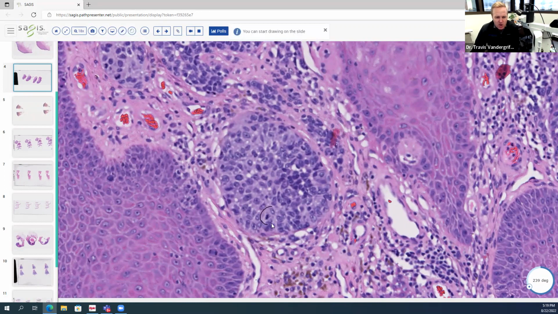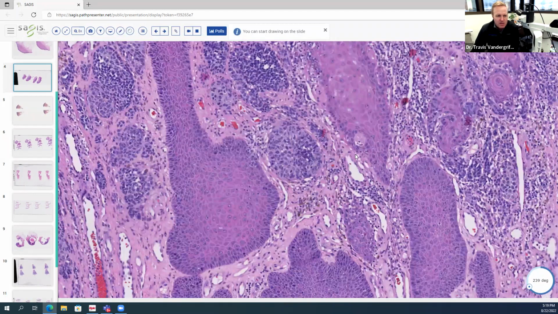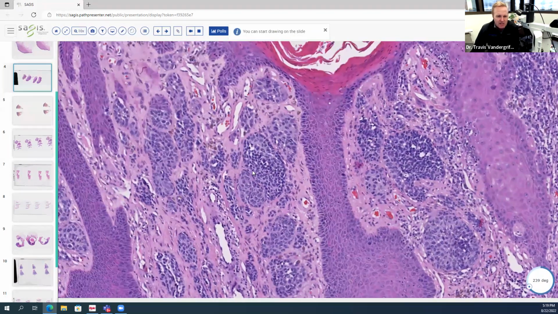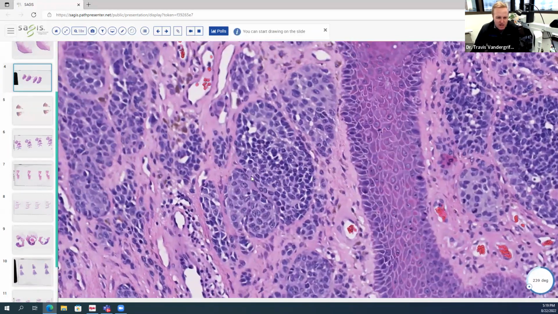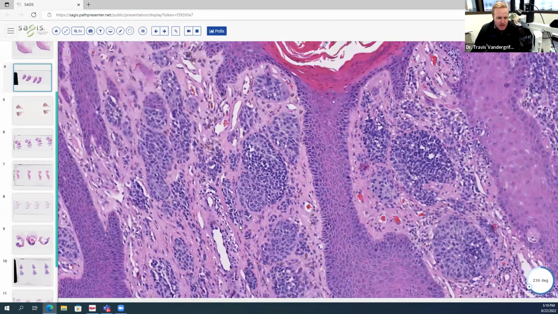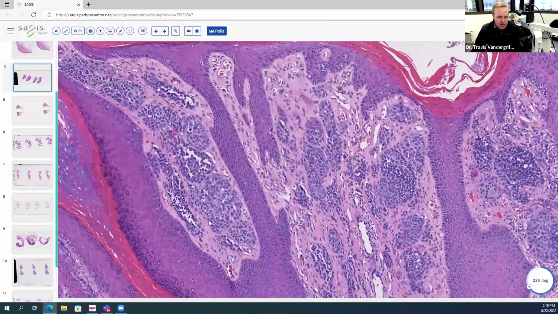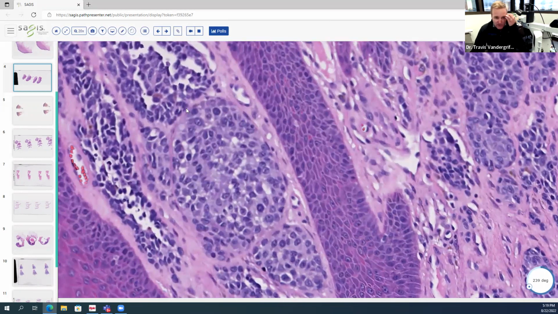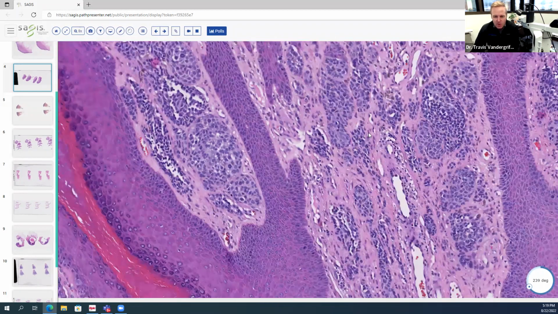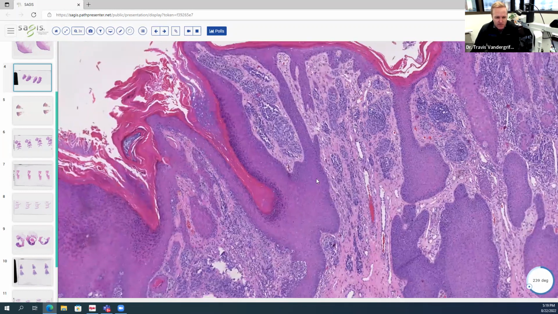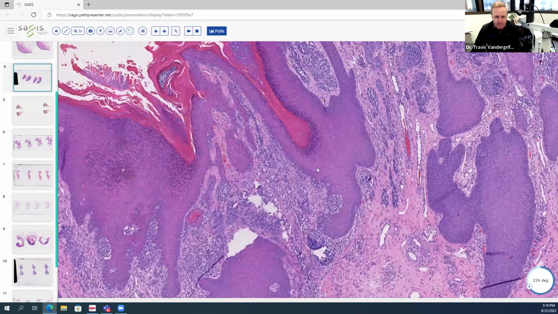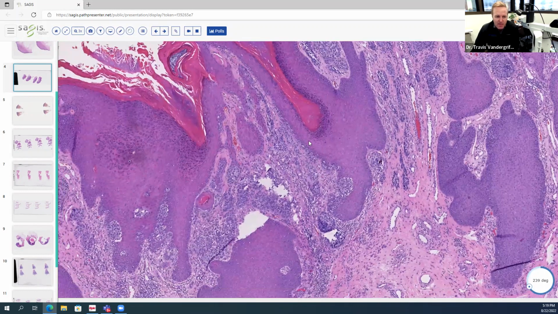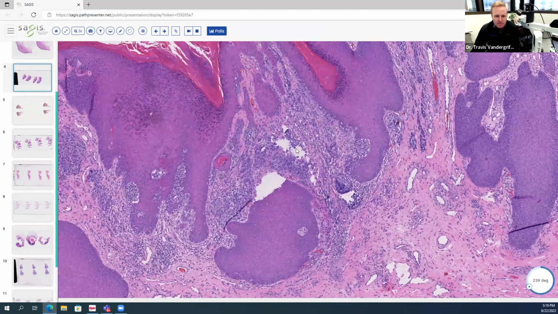A dermal mitotic figure in a melanocytic neoplasm is a very significant finding, and it's not one that you want to see in a nevus. So when you couple the findings here of lack of maturation, a crowded dermis, and mitotic figures in the dermis, then we're diagnosing a melanoma.